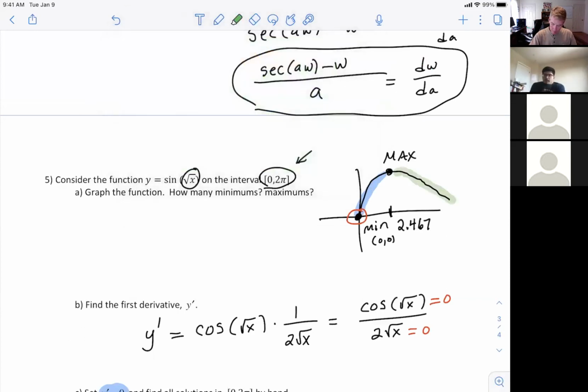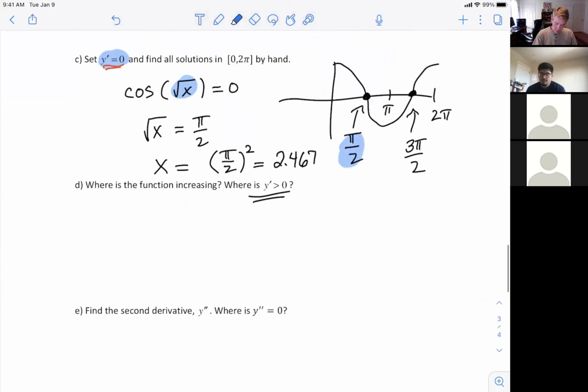And this part would be decreasing. So it's increasing from 0 until it gets to the 2.467.